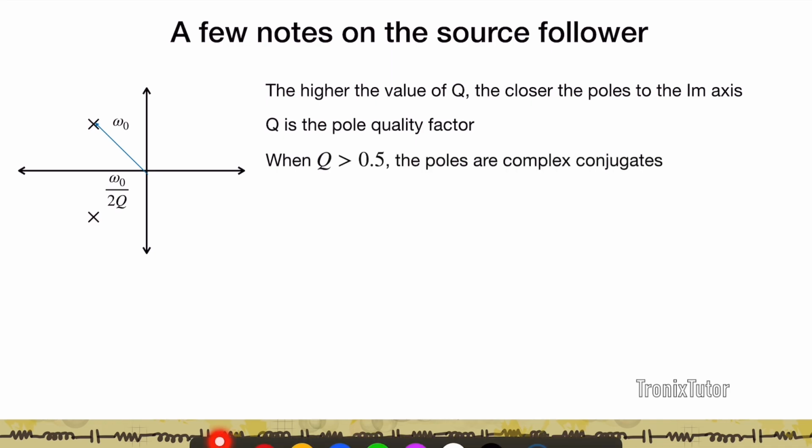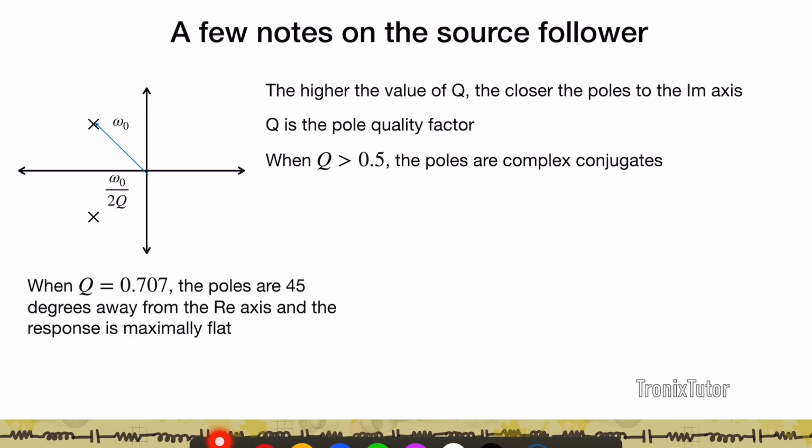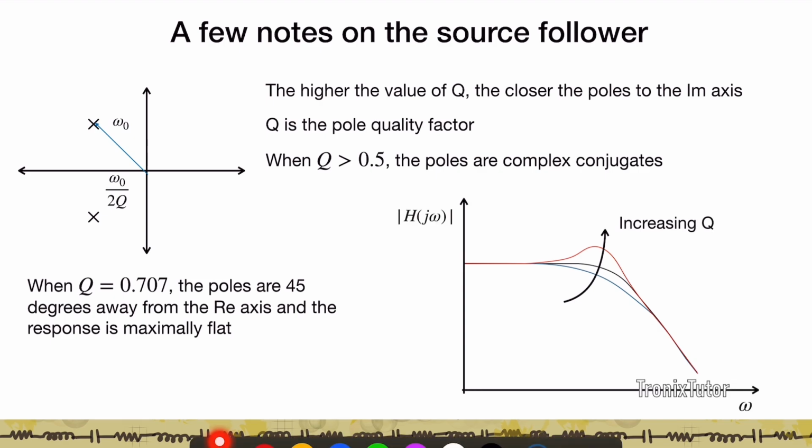And for most cases, when Q is greater than 0.5, the poles are complex conjugates. And what is interestingly seen is when Q is equal to 0.707, these poles are exactly 45 degrees away from the real axis. Now, why is this important? Because if you look at H of j omega for a second order system as a function of Q, you see an interesting thing happen.